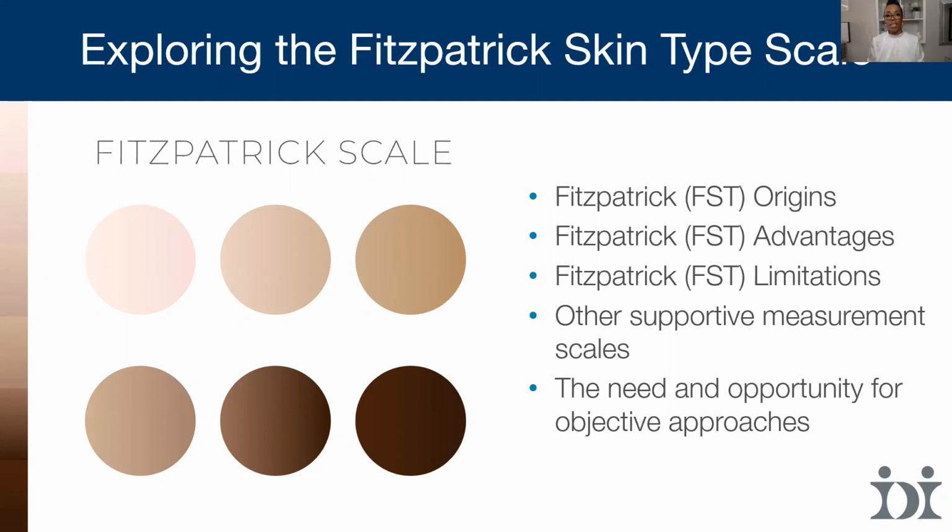Now, with that being said, we have to acknowledge that there are some obvious limitations as well. The British Journal of Dermatology highlighted one of them: that it was founded on a biased foundation, meaning that Dr. Fitzpatrick created this with Caucasian skin in mind. There were only initially 1, 2, 3, then they added 4 a little bit later, and that was the scope of the Fitzpatrick scale.